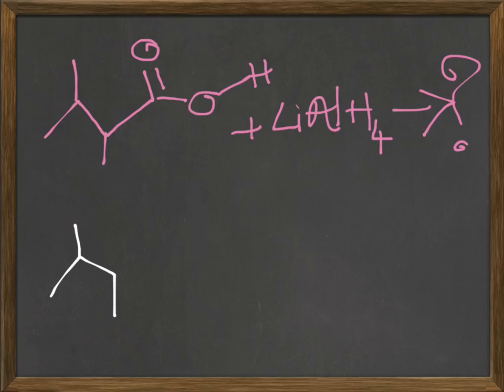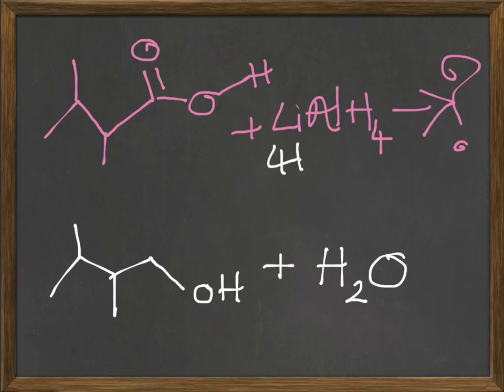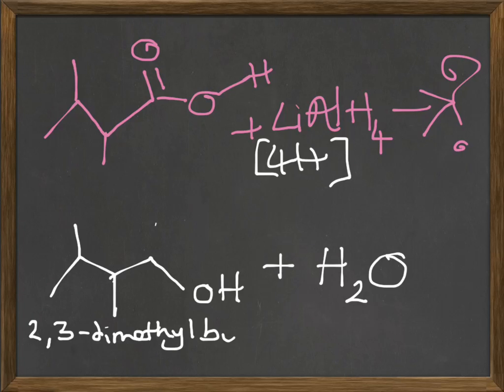Here we go. Alright, so you should have worked out this is a reduction reaction. So we're going to go back to the original alcohol, our nice primary alcohol there, and we're also going to lose a molecule of water. So have a go at naming it as well. So that's 2,3-dimethyl butanol. Well done. Hopefully you got that.